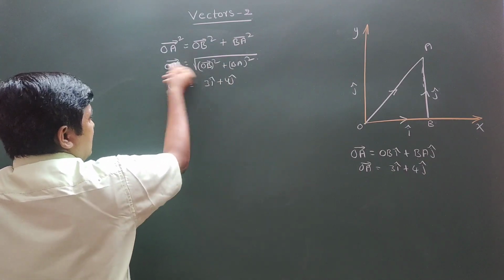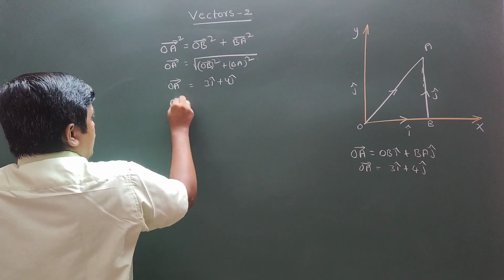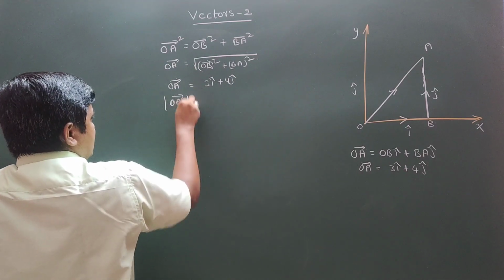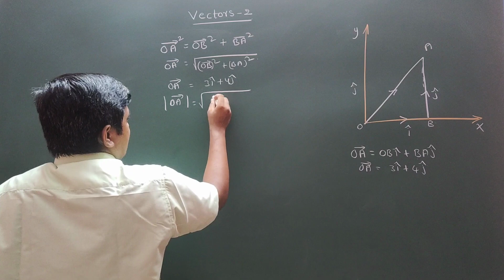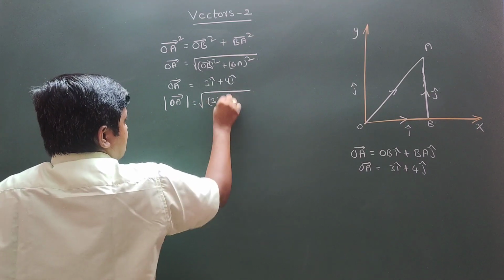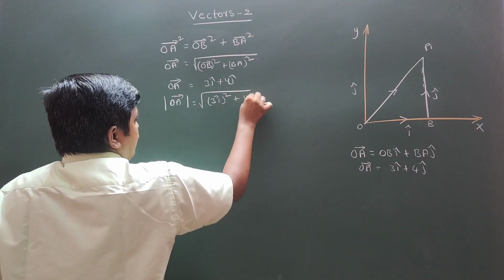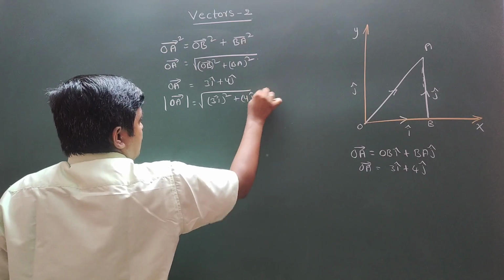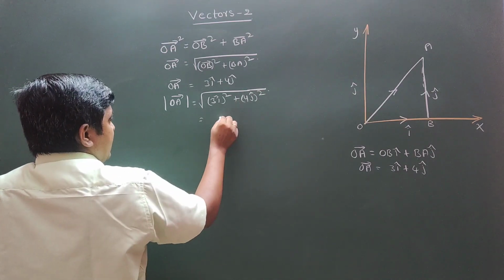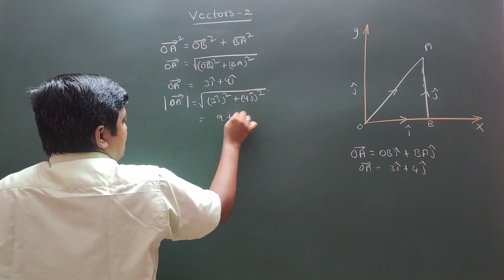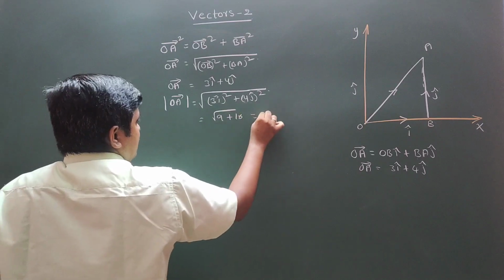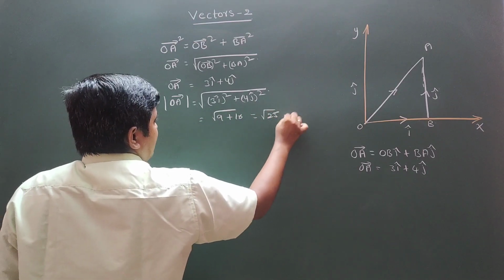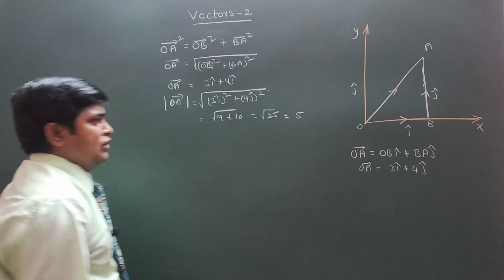That is what we have written, right? The OA bar magnitude is going to be square root of 3 i cap square plus 4 j cap whole square. Now what are we going to get? 9 plus 16, the square root of 25, that gives us a magnitude of 5.